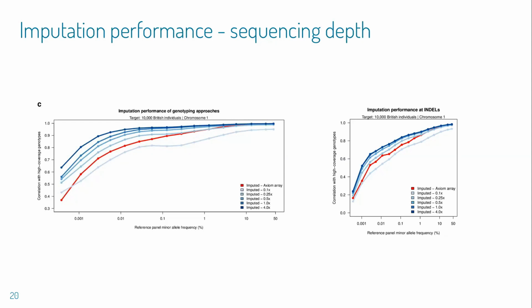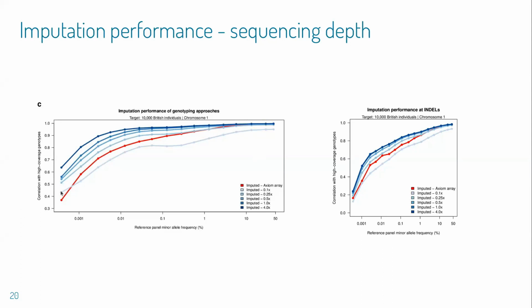Therefore, it's the most ideal scenario for SNP arrays, because they've been really selecting variants to improve genotype imputation for this specific population. And what we actually note here is that the SNP array data performs very similarly to 0.25x imputed data at common variants, but 0.25x data seems to be better at rare variants, similarly to what I noted before.